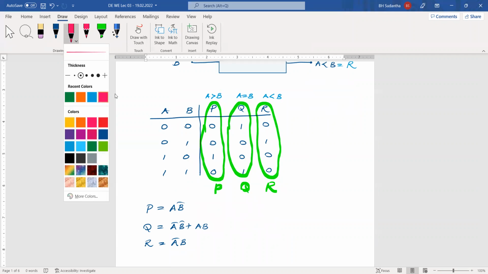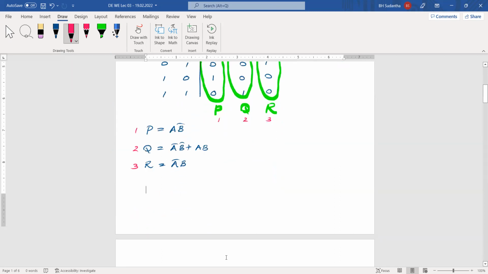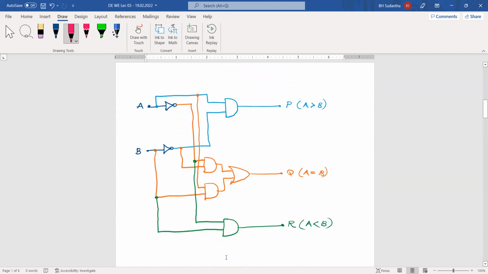Then you have 3 output lines, so you have to write 3 output equations. These are the 3 output Boolean equations for the relevant outputs. Then based on these equations, we can draw the circuit.